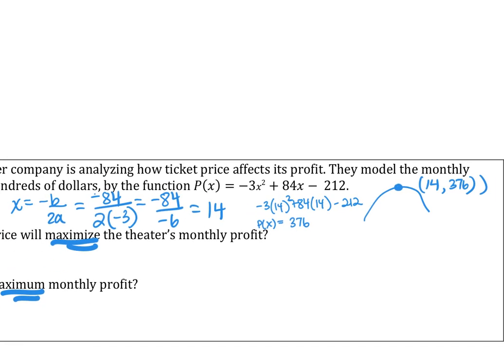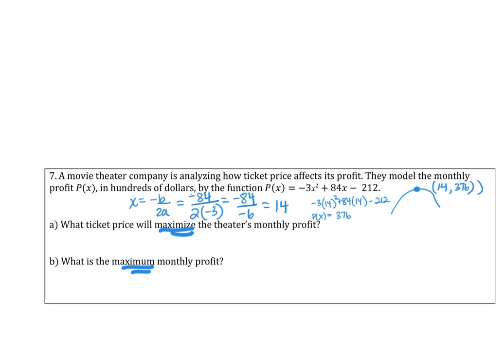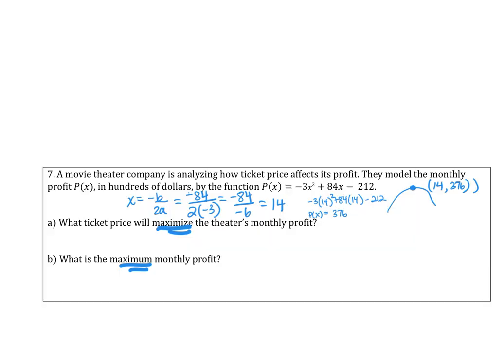So this vertex tells us the maximum profit we can get based on the price of the ticket. So what ticket price is going to cause that maximum profit? $14. And what will that maximum profit be? 376. Very good. All right.